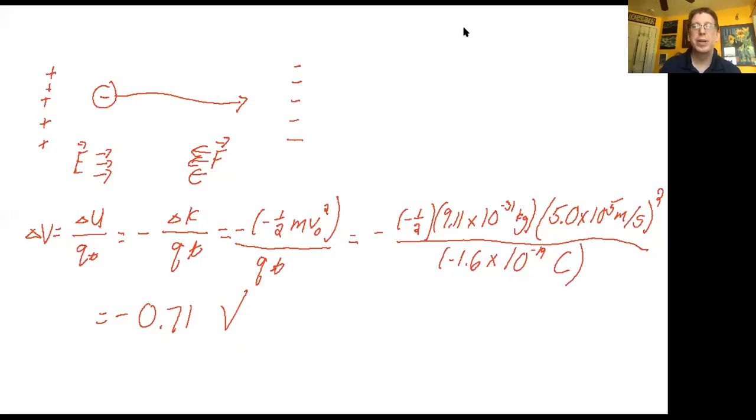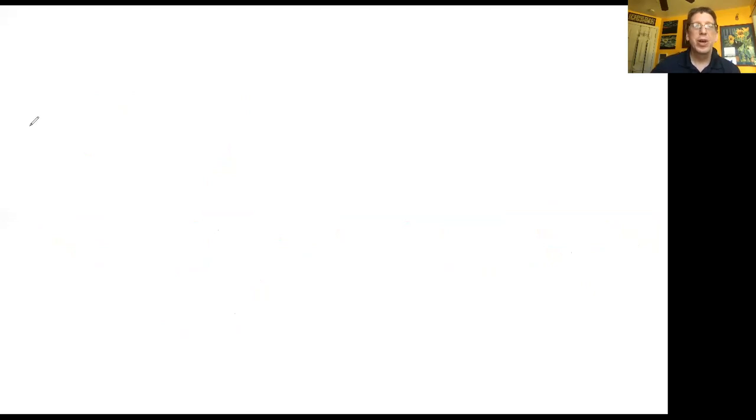So for this problem, we have an electron, and now it's accelerating. For it to be accelerating, you could have repulsive negative charges behind it, or you could have attractive positive charges in front of it, or some combination of the two. And what that means is that the electron is moving away from negative and/or towards positive.